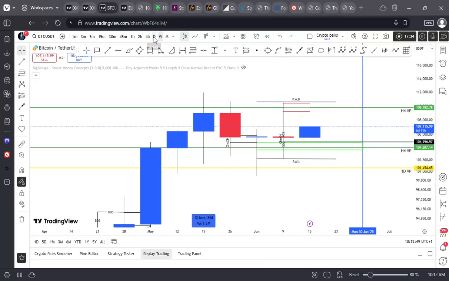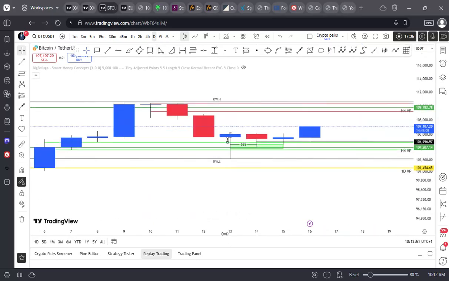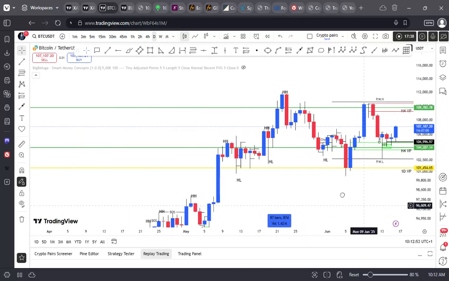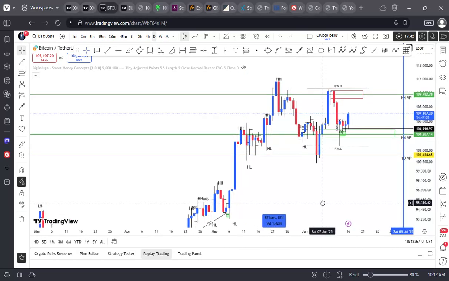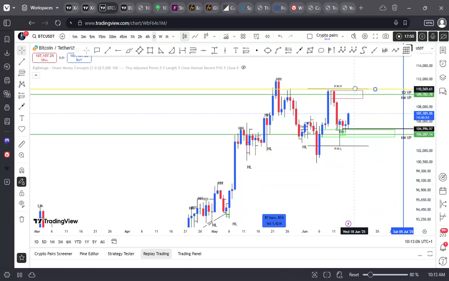Then we go to the daily time frame. And on the daily time frame, we mark the daily demand and daily supply. So this is more like a daily supply over here.